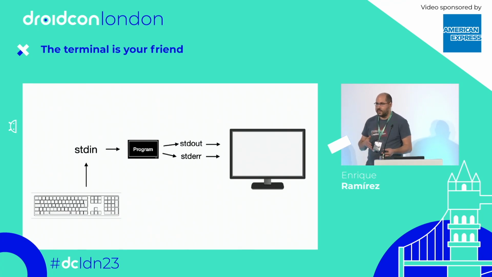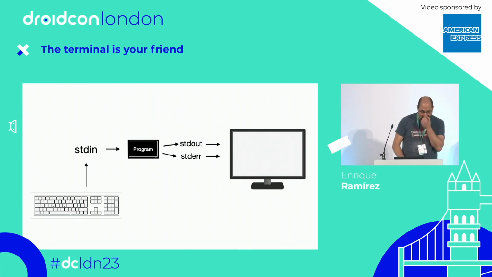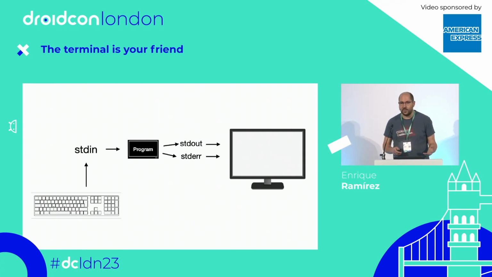How does it work? A very simplified version of how it works. Now that we are at an Android conference, I wanted to make this analogy. We have different streams: the standard input stream, standard output stream, and the standard error stream. Think about the standard input stream as a text watcher or some kind of observable or live data, something along those lines.